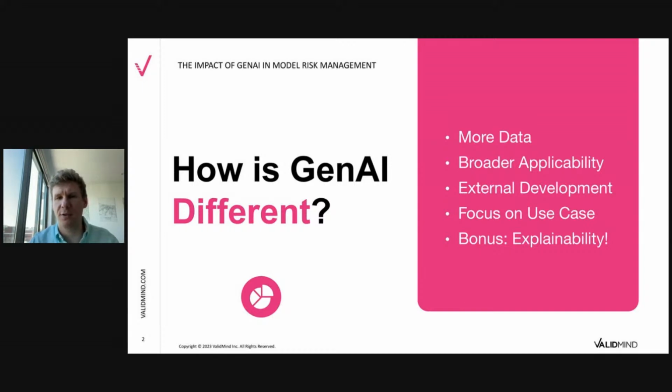So you're going to be looking at two components. One of them is the foundational model itself, which was most likely externally developed, and you're bringing in through an API or whatever means you are. And then you're going to be building your internal application or your internal use case around that.